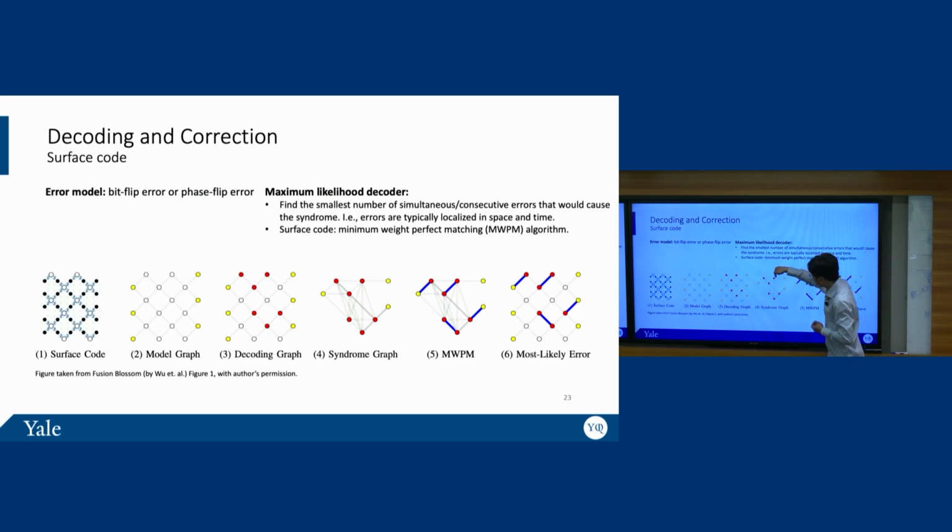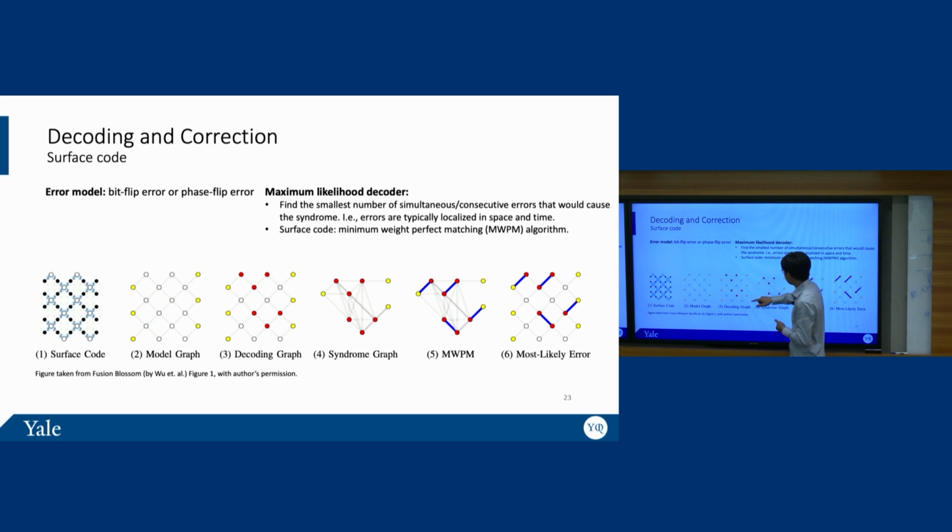Once you have so many flags, trying to find the matching between pairs of flags is precisely the task of identifying the error that would cause the flags. And it's an optimization problem because you want to find the most likely error. That translates to finding a match that is the minimum weight.